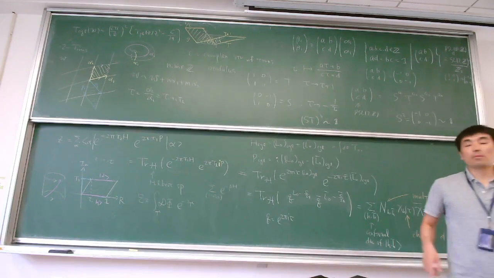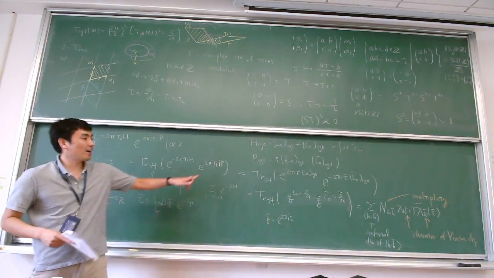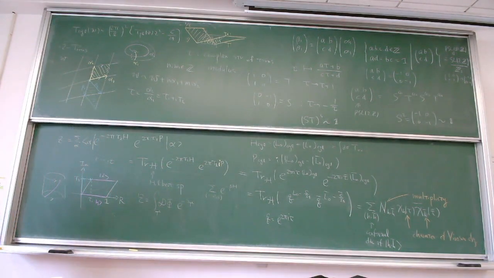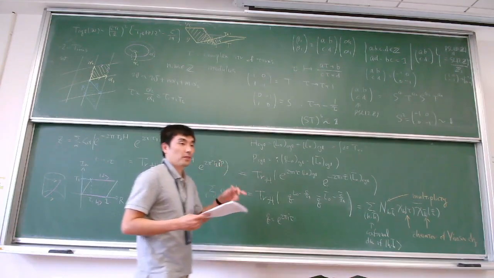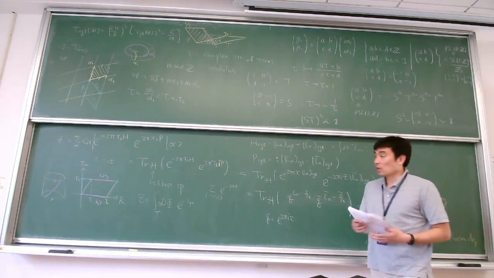So I missed the I here. To define the time translation, you need an I here. So I missed that I. Thanks for pointing out my mistake. So the lecture note has a typo here. Okay. So now.